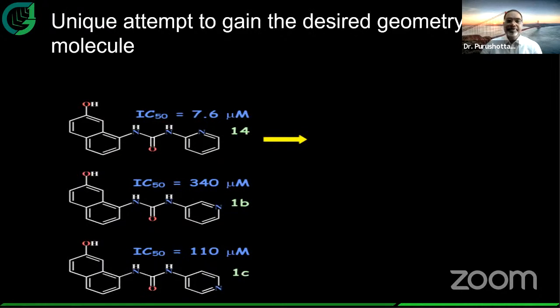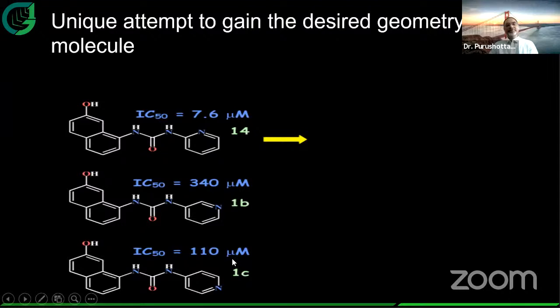The first compound has an IC50 of 7.6 micromolar, and the second compound has a 340 micromolar IC50. So this compound is several times less potent than compound number 14. 1B and 1C are also not potent.